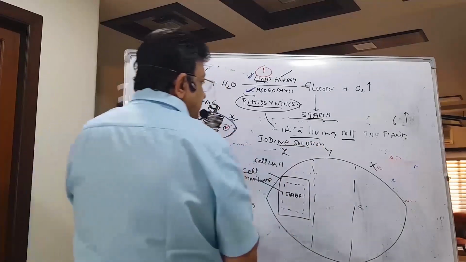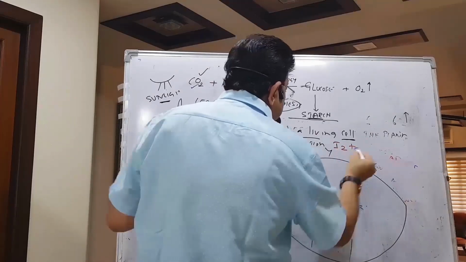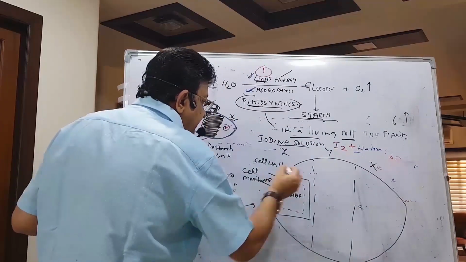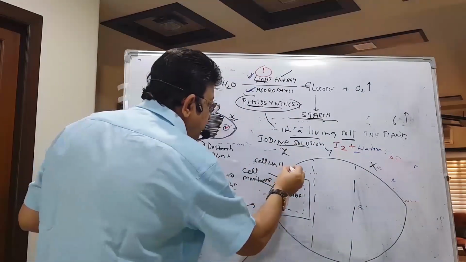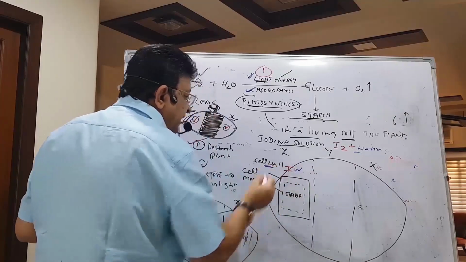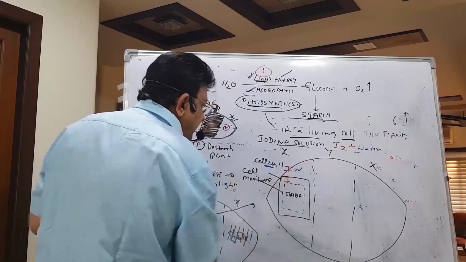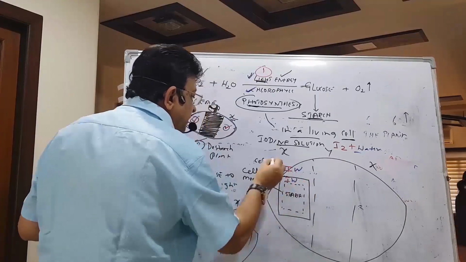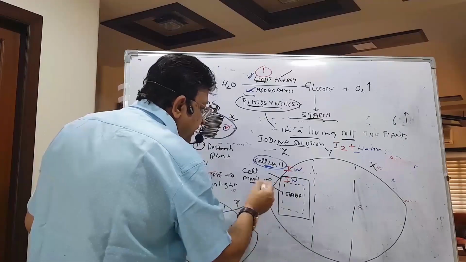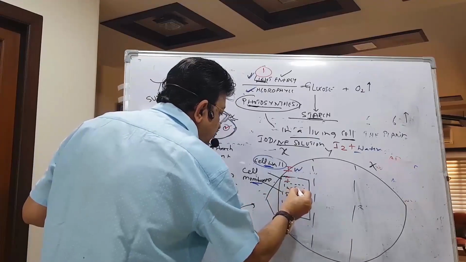Next, when I added iodine solution, why did it not turn blue? So what is iodine solution? Iodine dissolved in water. So when I added iodine solution, marked as iodine and water, the cell wall allowed the iodine and the water to pass, because cell wall is freely permeable, but the cell membrane only allowed water to pass.